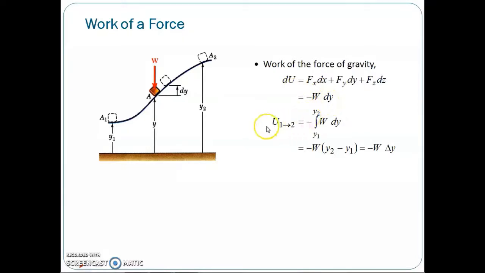So the work of the force from position 1 to position 2 will be equal to negative the integral of W dy from y1 to y2. Or we can write it as negative W (y2 minus y1), or negative W delta y.